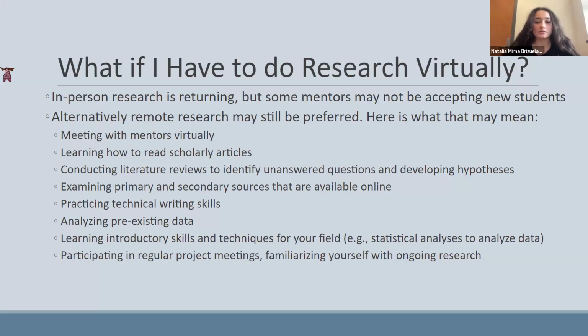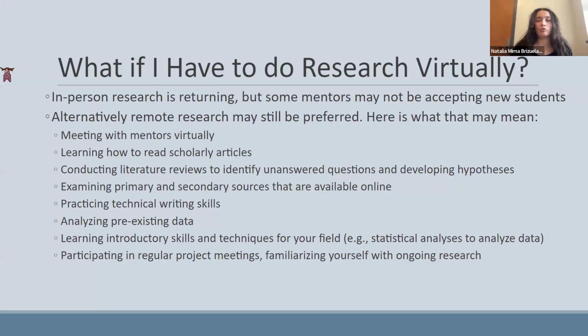Practice technical writing skills. That is also incredibly important. I just recently submitted a grant. It really depends on what field you're in, whether you're in science, math, or even engineering research opportunities, but in each field, the writing requirements are going to be different.